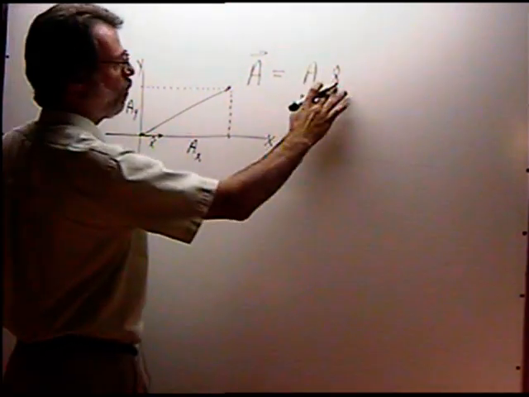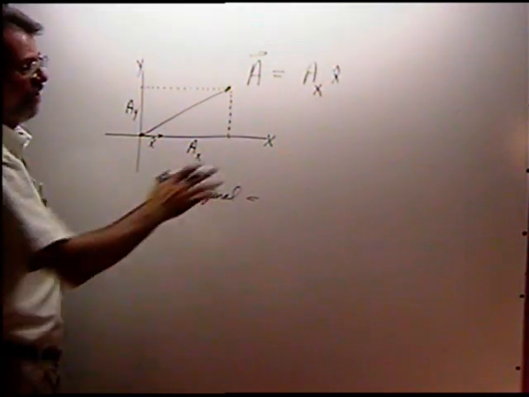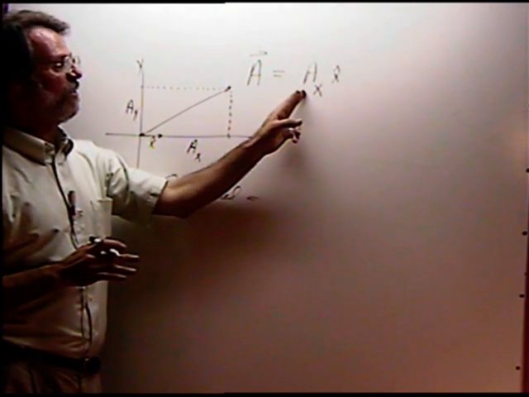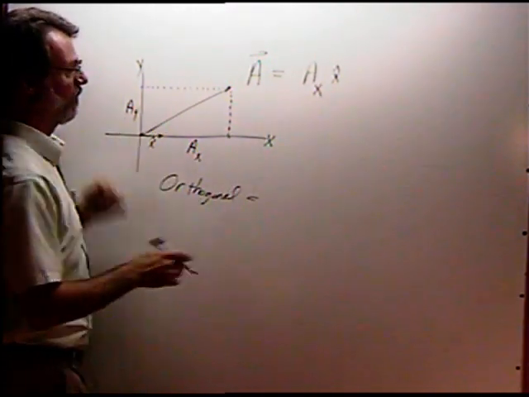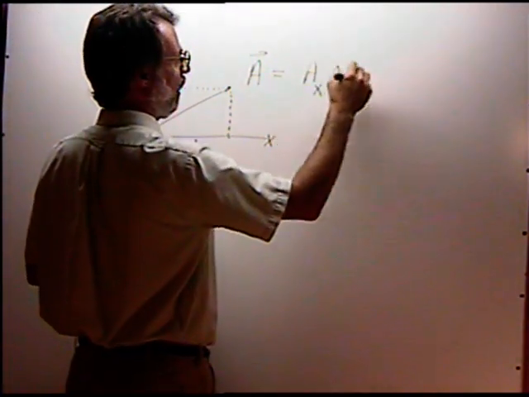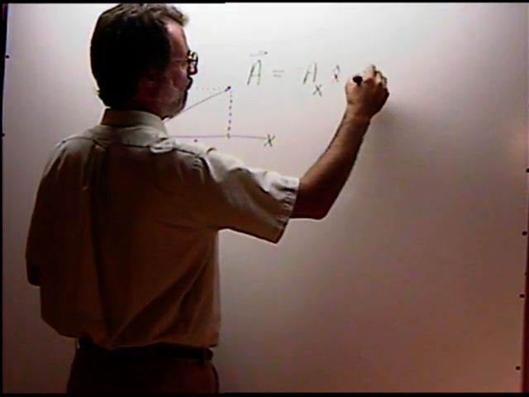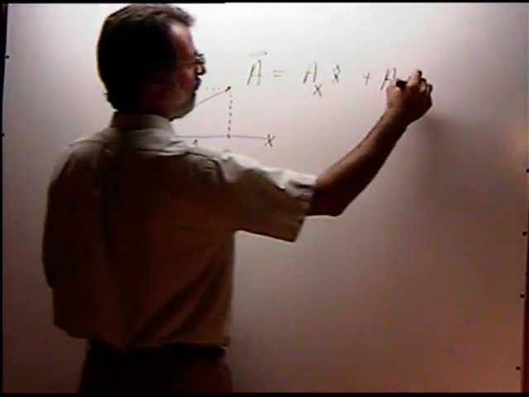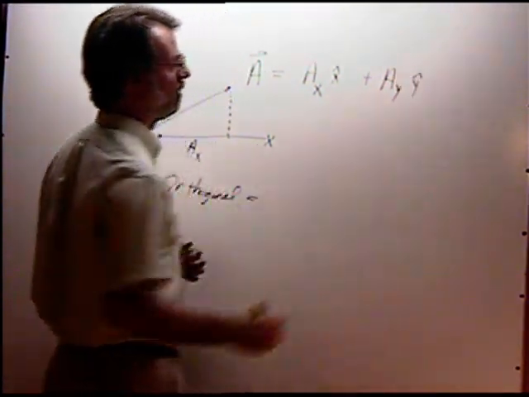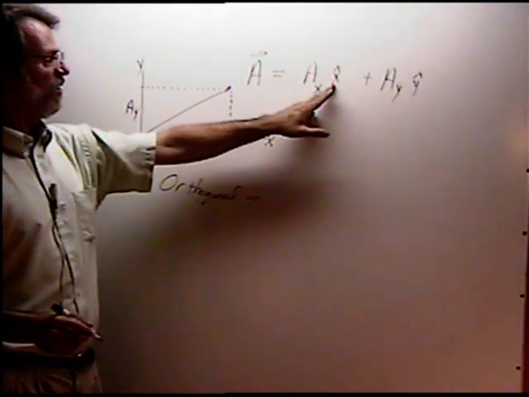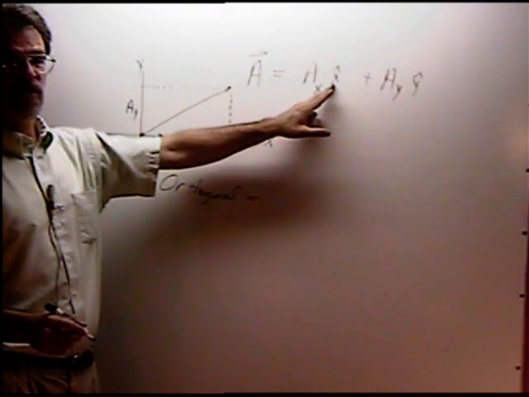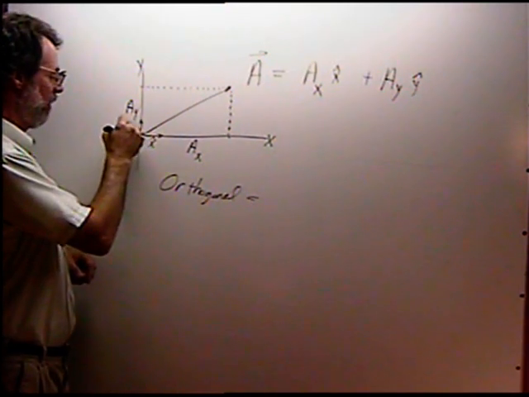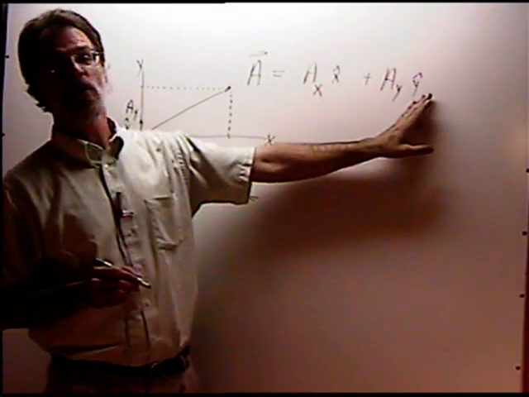Really, this is just a direction indicator that this a sub x is in the x direction. And the y component is a sub y in the y direction. So this signifies a unit vector in the x direction, and this signifies a unit vector in the y direction.